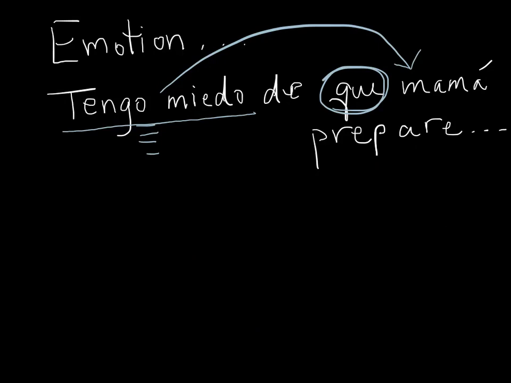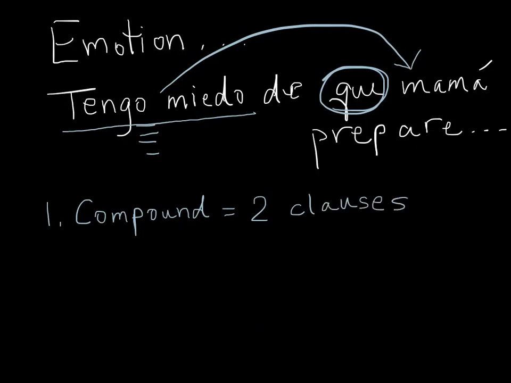Okay, so to sum it up, when we talk about using the subjunctive mood in sentences, we have a few conditions to meet. First of all, it has to be a complex sentence, okay? It has to be compound, which means that there's got to be two clauses in the sentence. If it's just a one-clause sentence, there's no subjunctive. The second condition, which really determines the use of subjunctive, is: is there an expression of wishing or wanting?